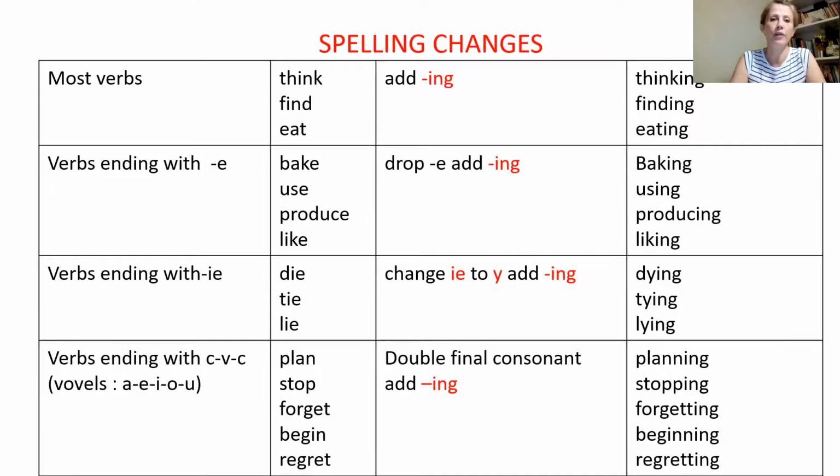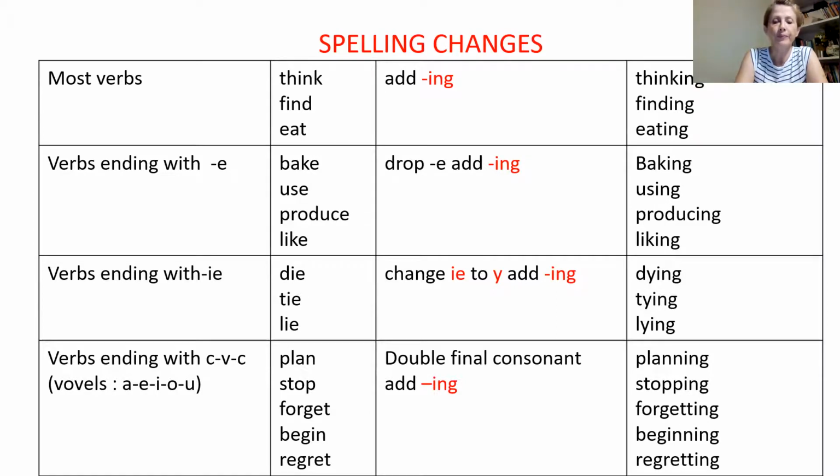Verbs ending with an IE, die, tie, lie. We change the IE into Y and add an ing. Die changes into dying, tie into tying, lie into lying. Now, verbs ending with a consonant, vowel, consonant. We talked about the vowels and consonants in the last lesson, so I think you really do know them well.